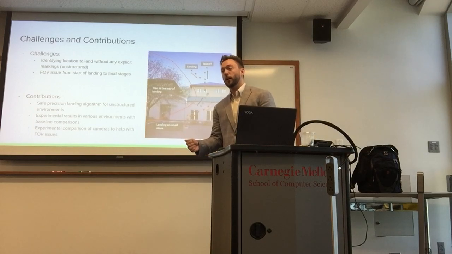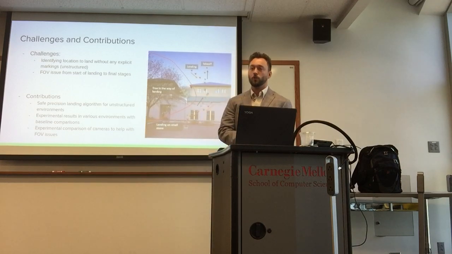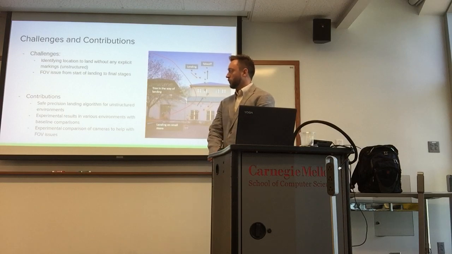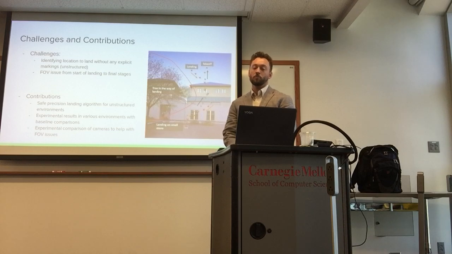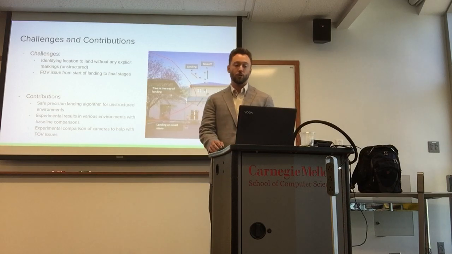We do this by navigating along a similar path back to the starting position, rather than identifying explicitly where we took off from at the start. Next, for the field of view issue, we use a fisheye lens, which gives us a much wider field of view, which is helpful for the closer to the ground portions to still have enough information to get our position estimation from the takeoff images.